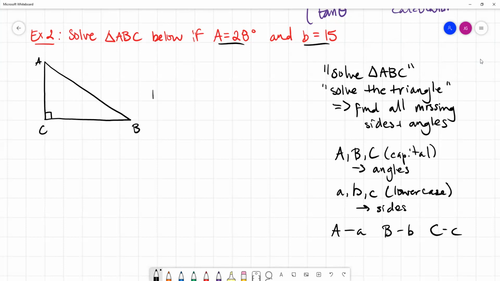What does that mean? Well, if this is angle A, then straight across from it is side A. If this is angle B here, then straight across from it is side B. If this is angle C, then straight across from it is side C. Okay, so that tells us one more piece of information about this triangle. This side over here is 15.